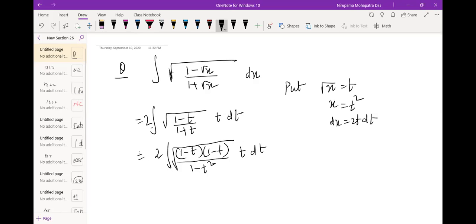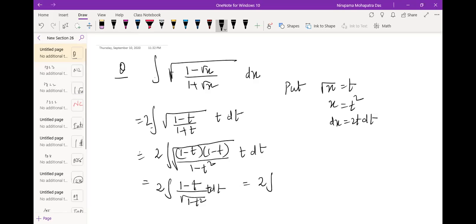We have multiplied 1 minus t in the numerator as well as in the denominator. Twice of, you are getting 1 minus t divided by under root 1 minus t square, and t dt also you have.